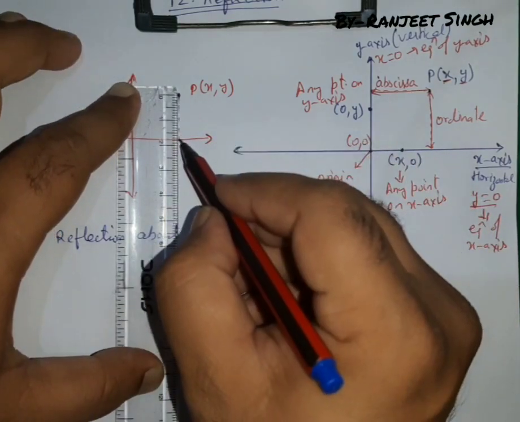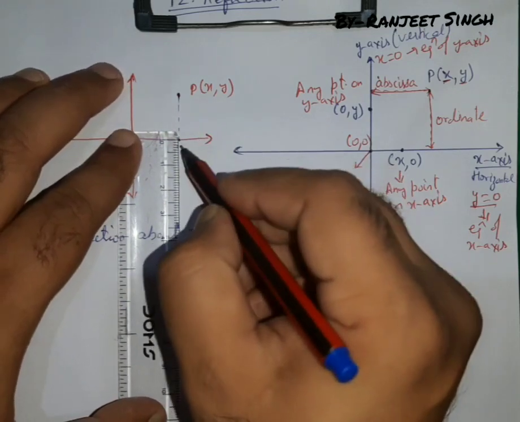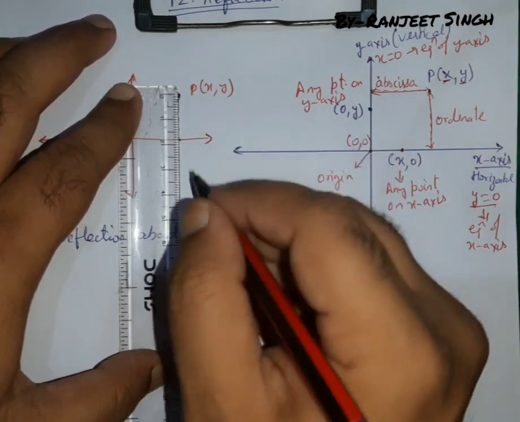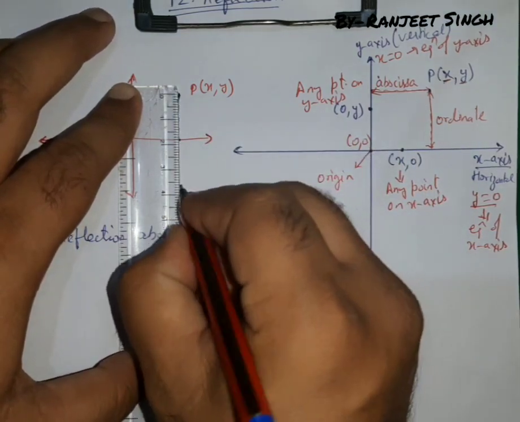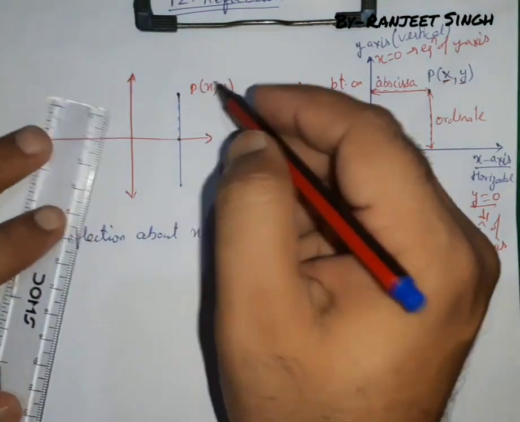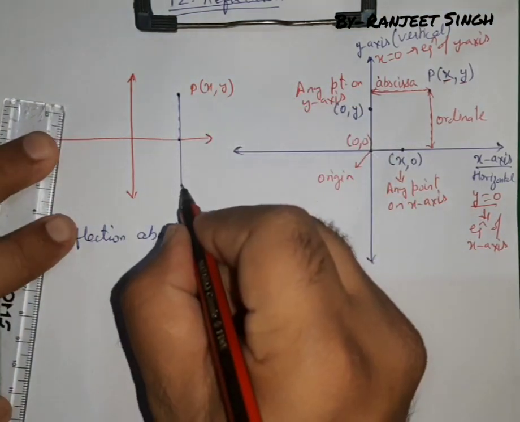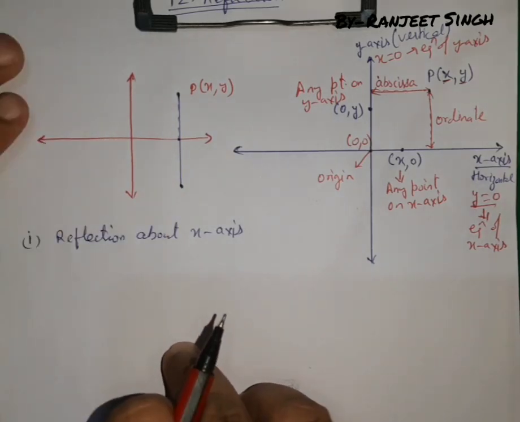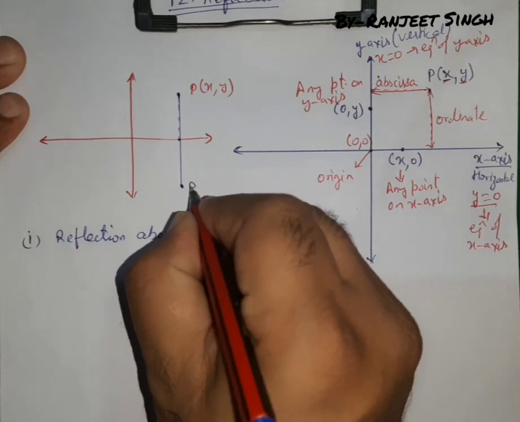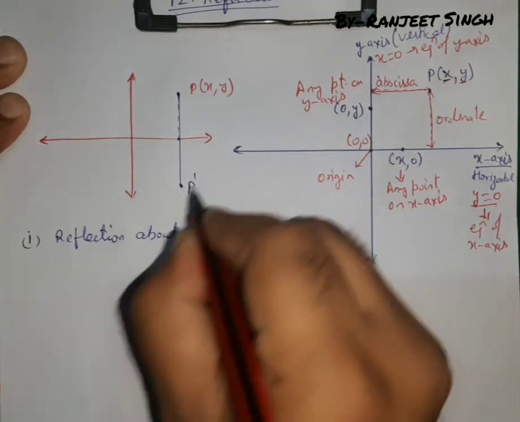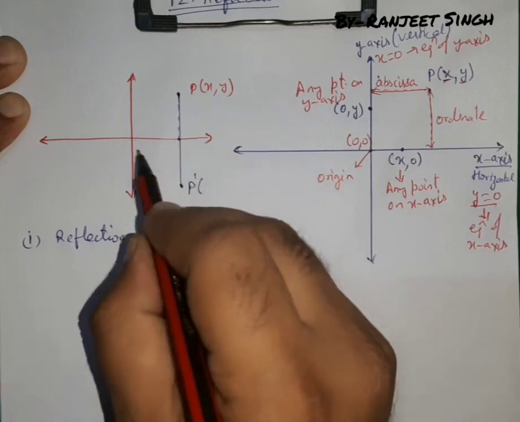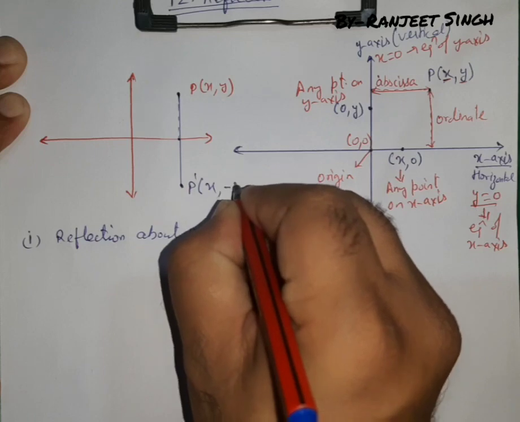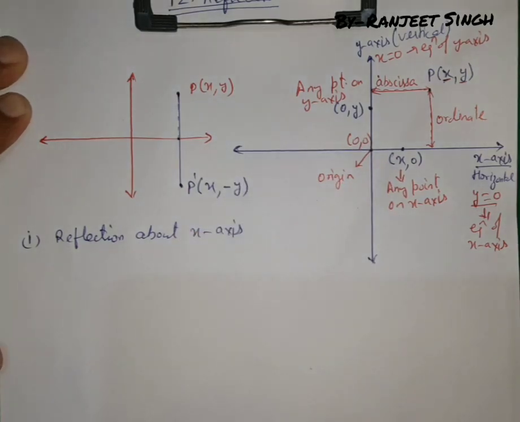Now if this point is shifted from P to this position, since it is a point after reflection, it will be represented as P dash. Looking at this, the value of x is not changing, the value of y is changing. So this will be P dash (x, minus y).